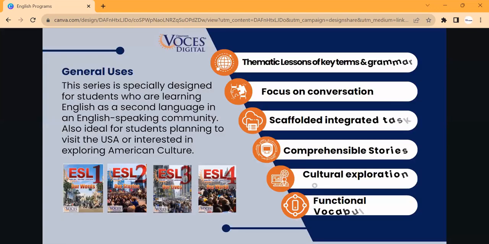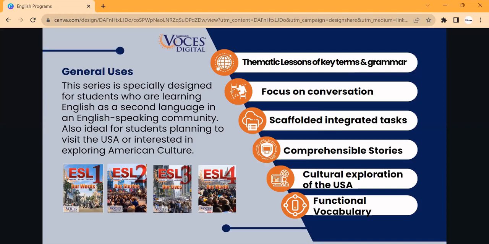The general uses of the series, basically, in this case, we designed it for students that are learning English as a second language in an English-speaking community. We are targeting also students who are planning to visit or live in the United States, or are interested in exploring the American culture, because we share a lot of information in relation to the American culture.